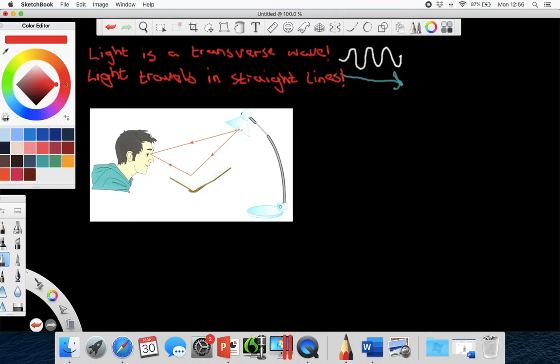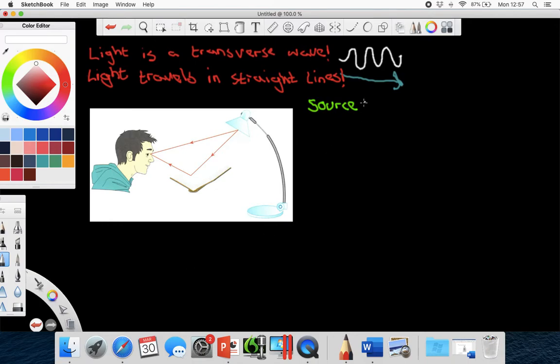So the first thing we need to define is the word source. Now, a source can be defined as something that emits light.